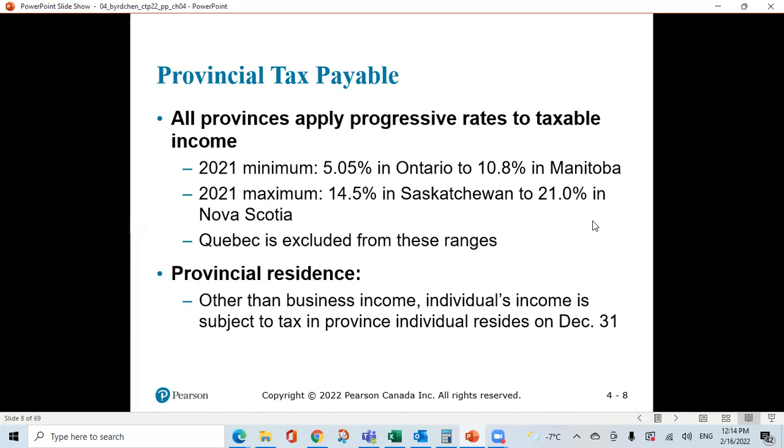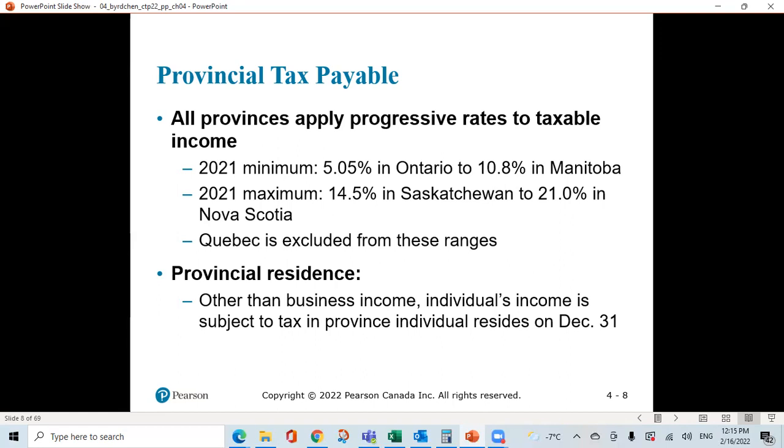So that is the highest bracket for provincial tax payable rate. And the minimum goes from 5.05% in Ontario up to 10.8% in Manitoba. So that's the minimum 2021 tax rate. Quebec is excluded from this range, of course.